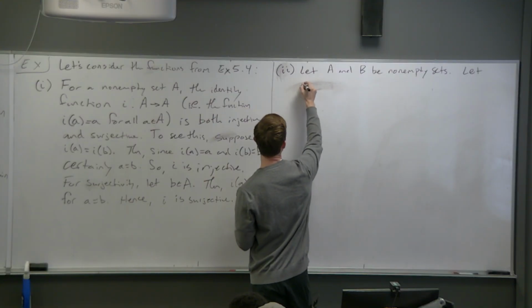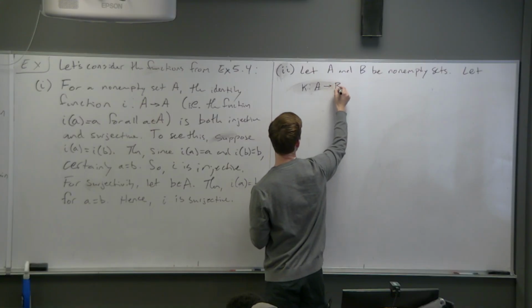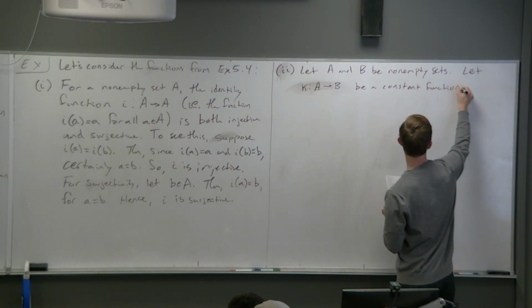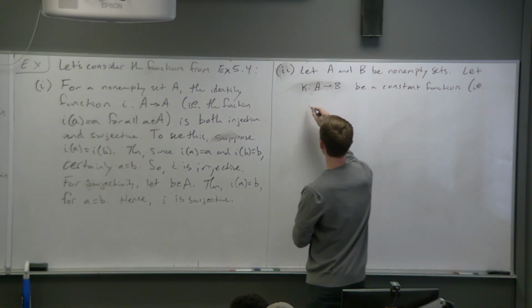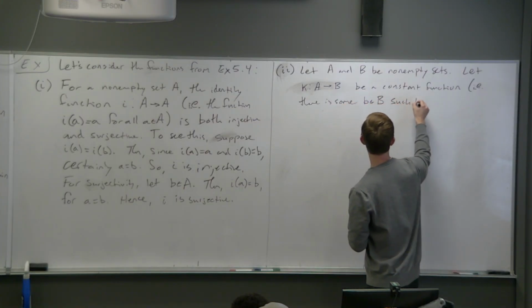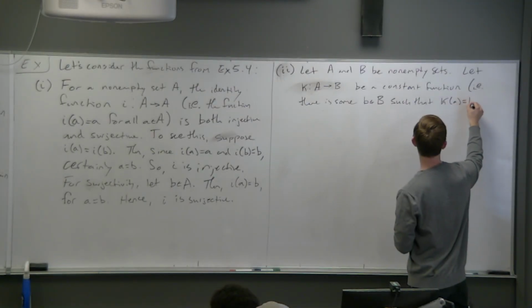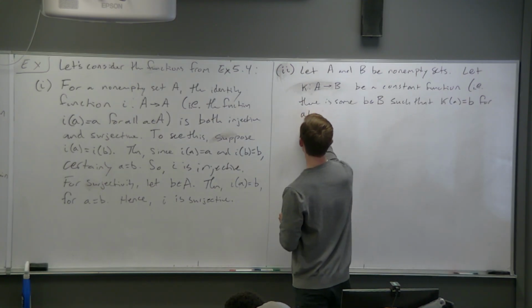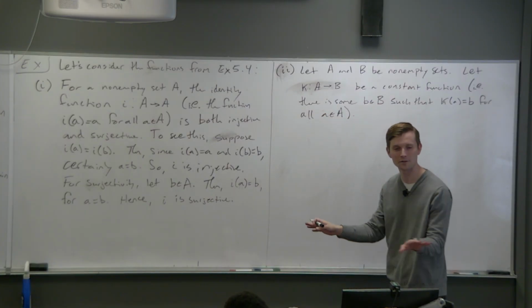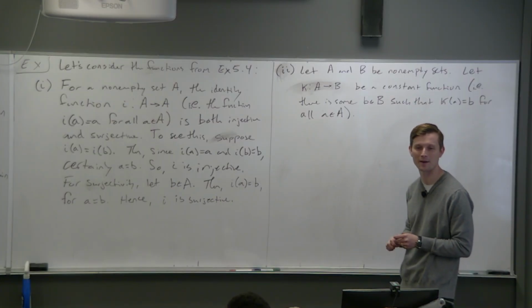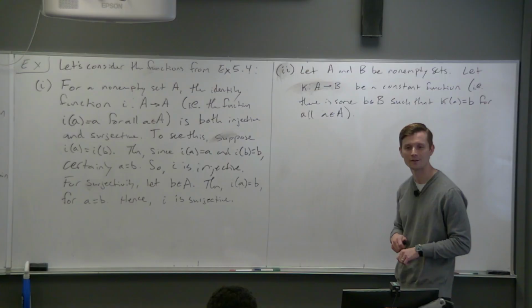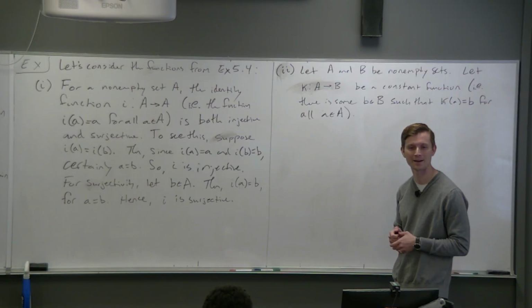Let K from A to B be a constant function, i.e., there is some b in B such that K of a is equal to b for all a in A. Yeah? A constant function sends every single thing in the domain to the exact same element in the codomain. It is constant in the sense that its outputs don't vary. They don't change. They just stay the same. Nice, dependable outputs. It's always the same dang thing, right?